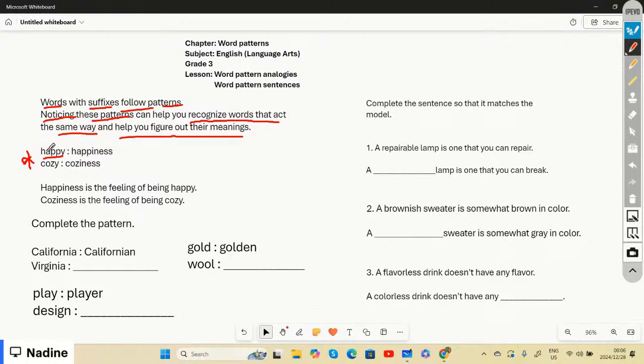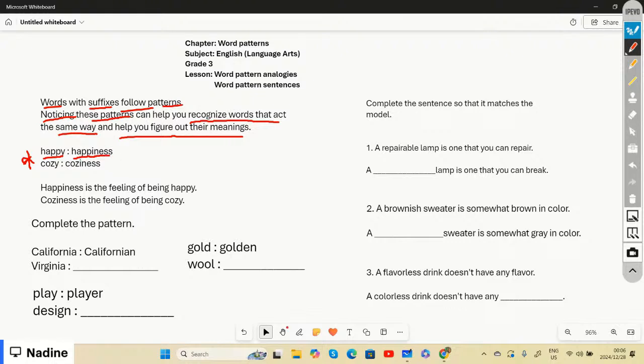If you are happy, you have lots of joy in your heart, you're smiling. If we add a suffix to happy, we have happiness.